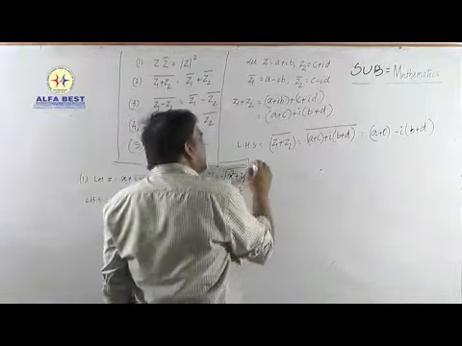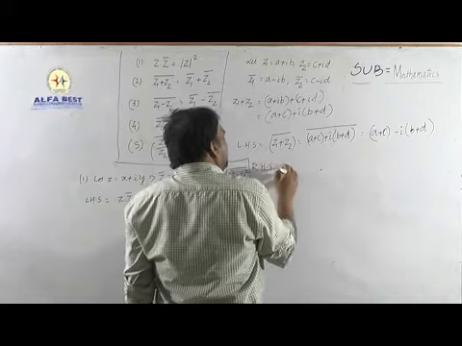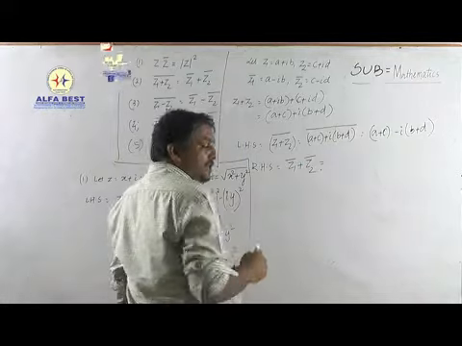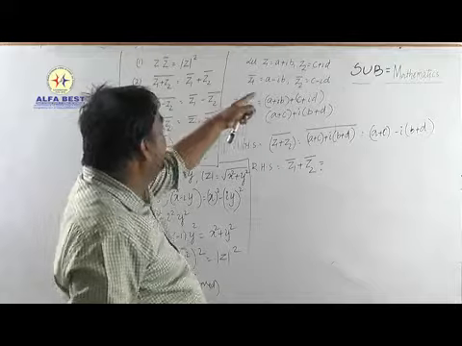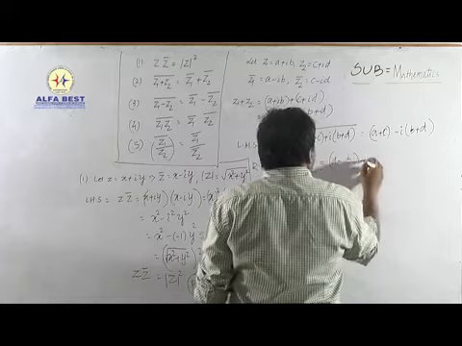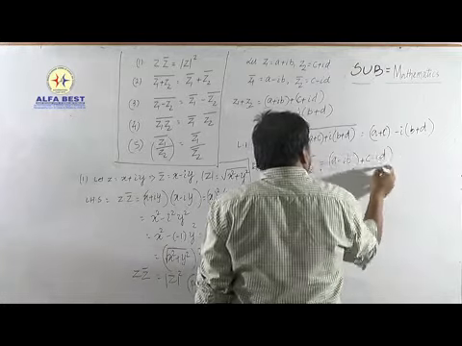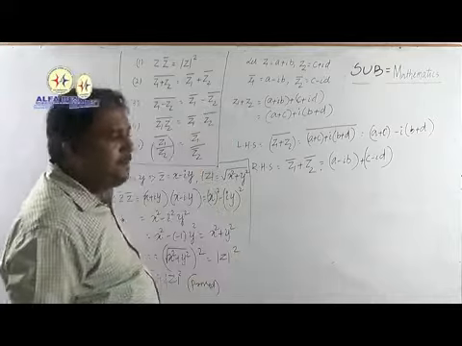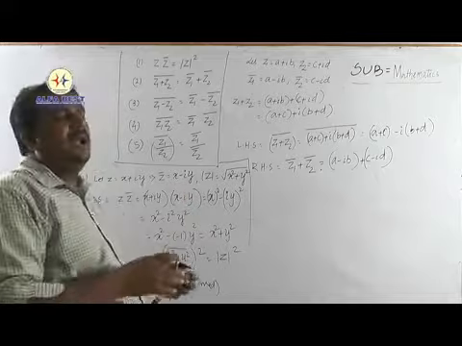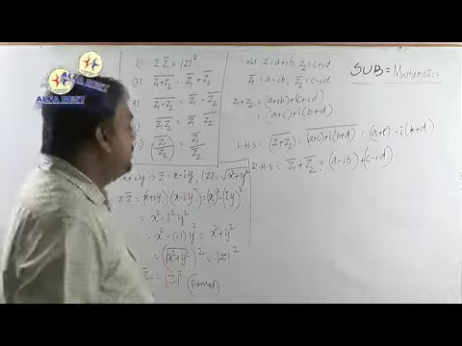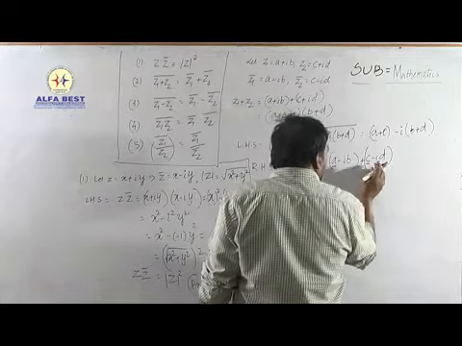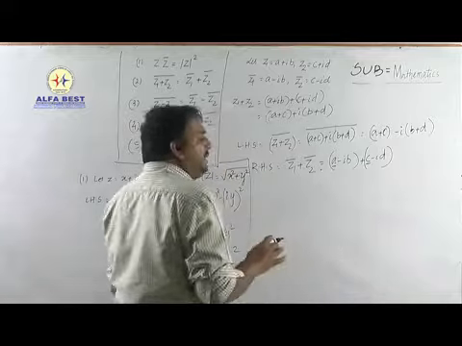So what is RHS? RHS is your Z1 conjugate plus Z2 conjugate. So what is your Z1 conjugate? Z1 conjugate is A minus IB. And what is your Z2 conjugate? This is your C minus ID. So you know that in case of a complex number, you have to write all the real parts together and the imaginary parts together. So here, this is a real part, there is no I. This is also a real part, there is no I. So you have to collect all the real parts.